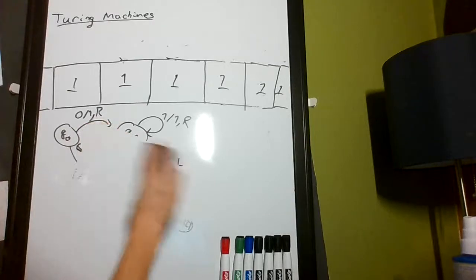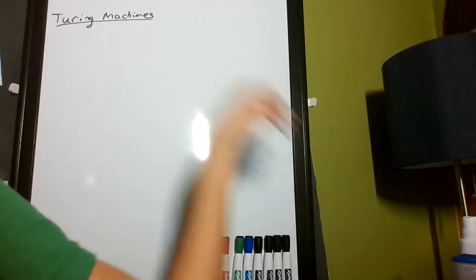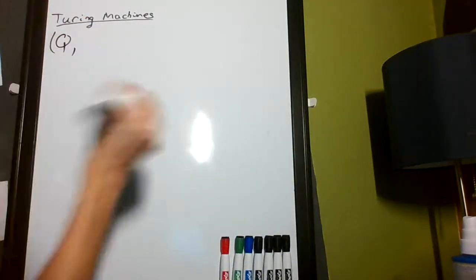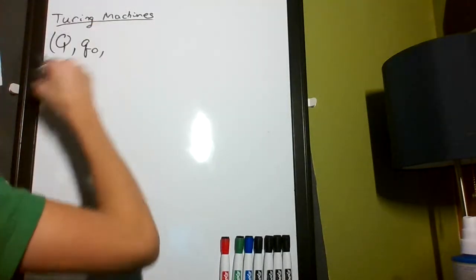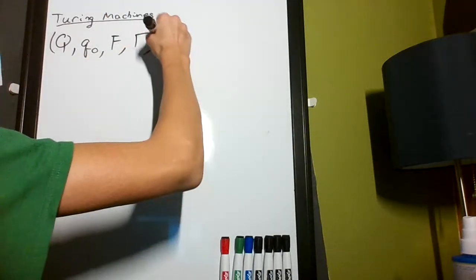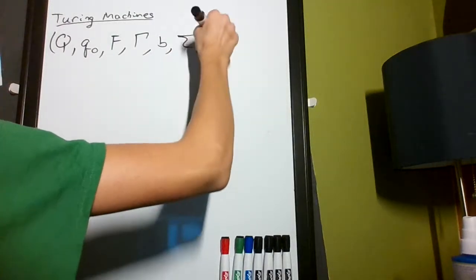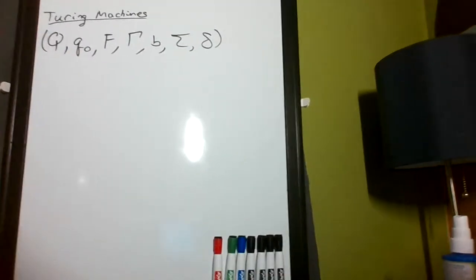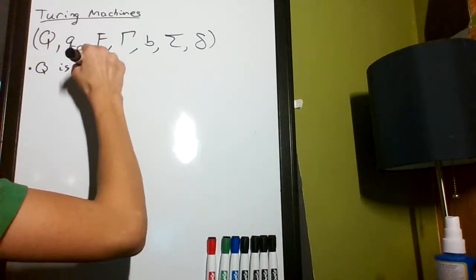So now I'm going to give you the precise definition of a Turing machine in the way I like to do it. So a Turing machine is going to be a set of 7 things. Q, Q0, F, gamma, B, sigma, and delta. Okay? So, what these things are is that Q is your set of states.